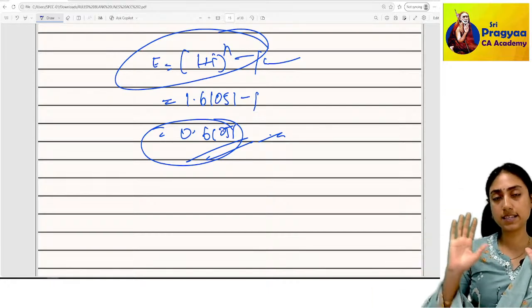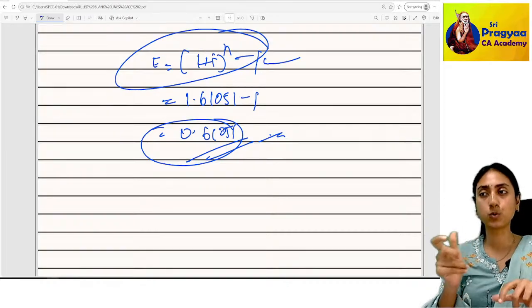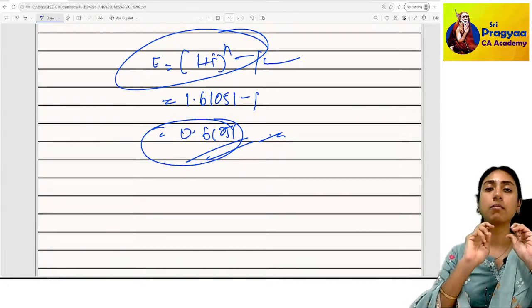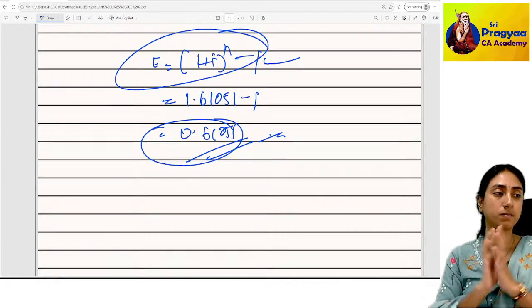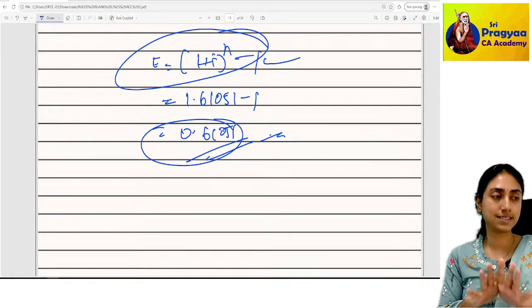So essentially, effective rate of interest is basically that extra portion of interest that I am earning because my interest is getting compounded, my principal is getting compounded. Basically, the interest calculated on the previous interest. Exactly.